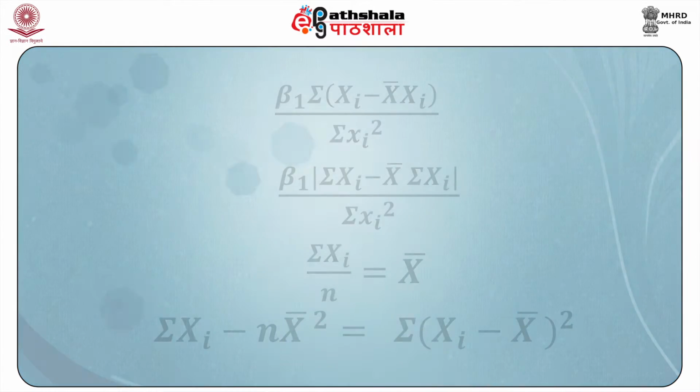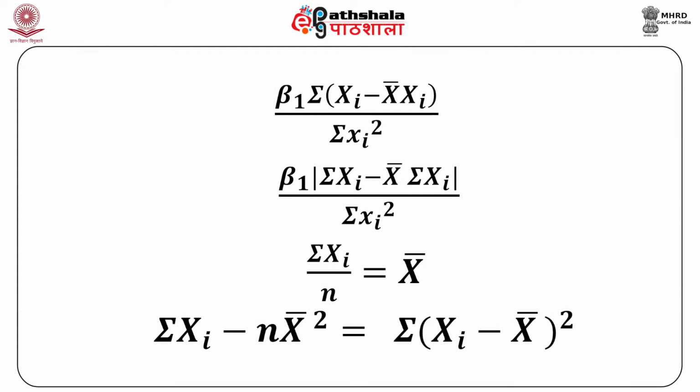Rewriting the numerator of the second term in the expression, beta 1 summation (xi minus x bar) xi divided by summation xi square. Multiplying and dividing it by n, beta 1 (summation xi square minus n x bar square) divided by summation xi square, as summation xi divided by n is equal to x bar.